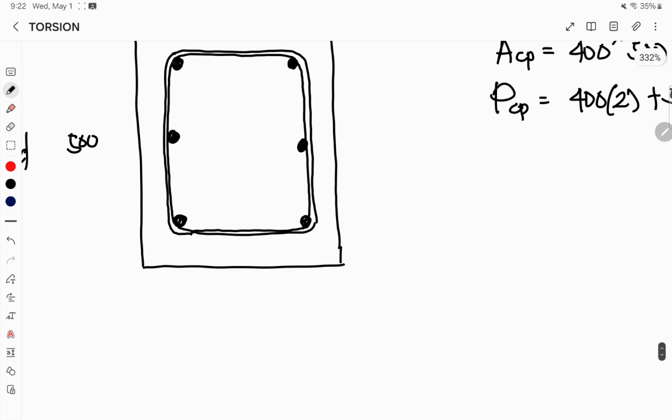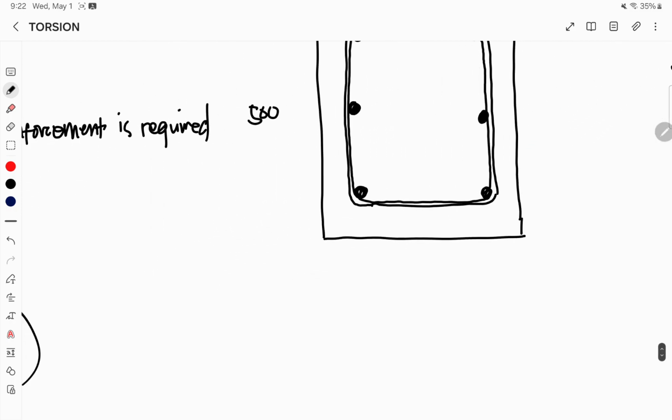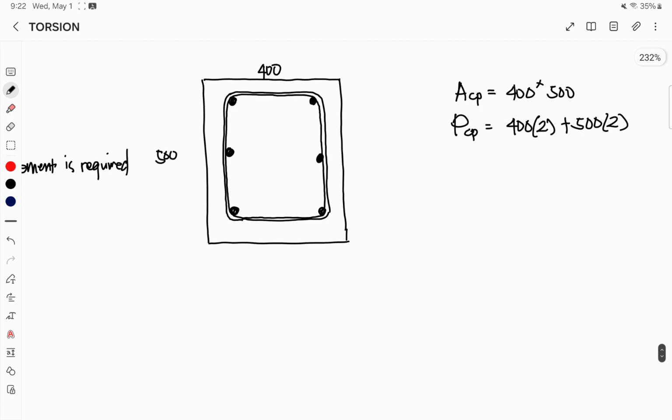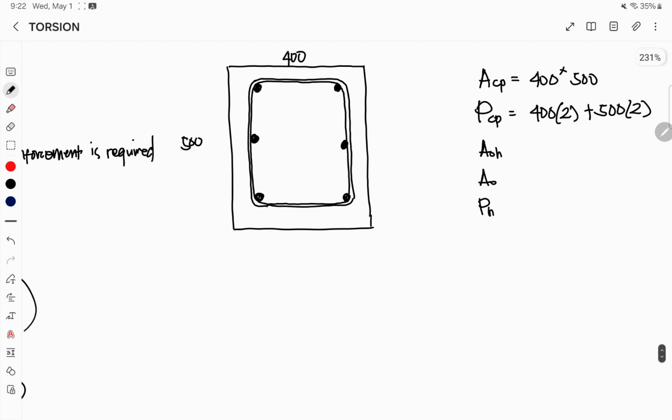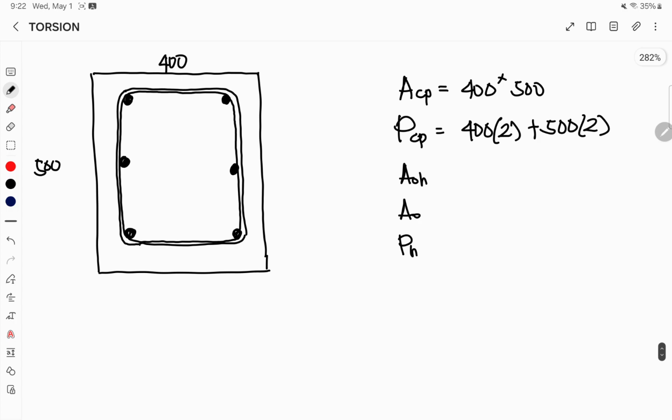From step 2, we need to calculate the values of Aoh, Ao, and the ph. For the Aoh, that shall be the area enclosed by the center line of the stirrup.